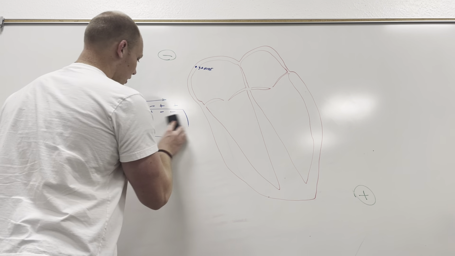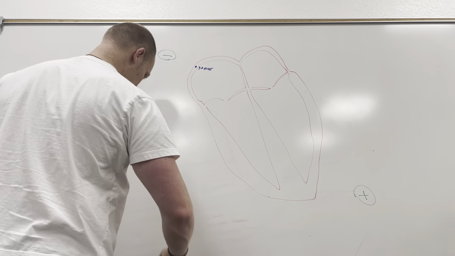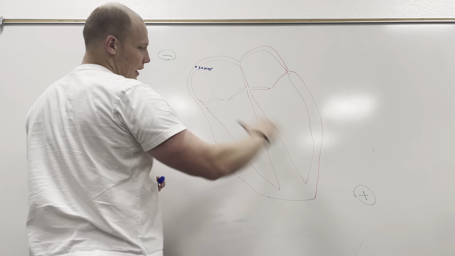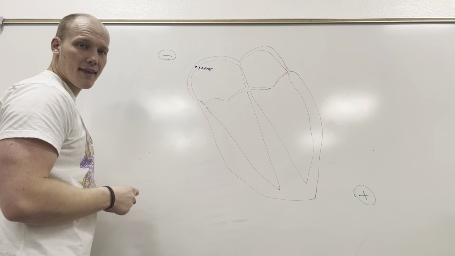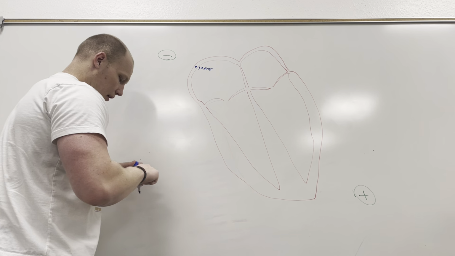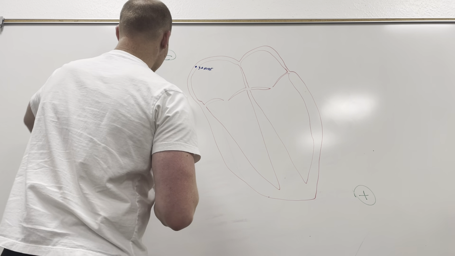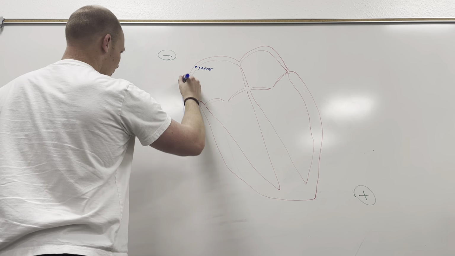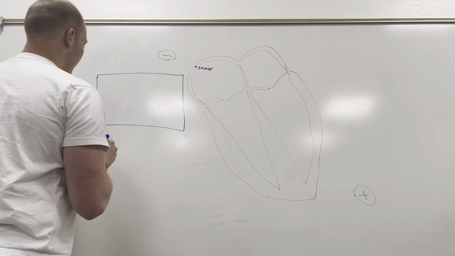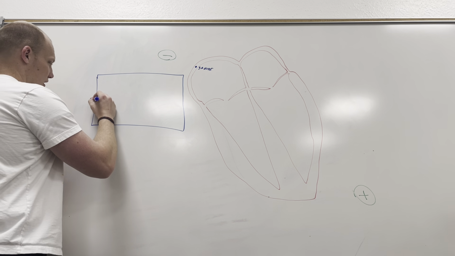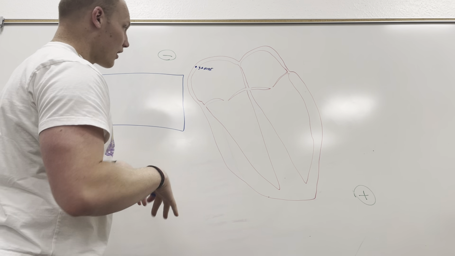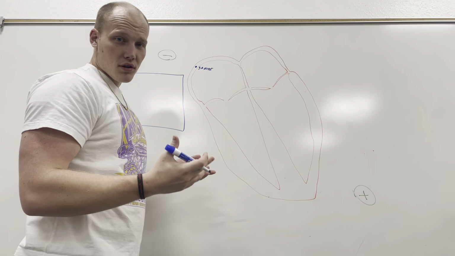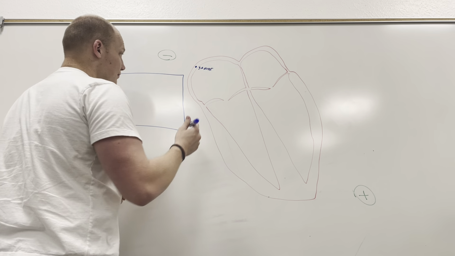So the way EKGs work is these leads measure the direction and the magnitude of that vector. So we have our little EKG machine here. We'll just draw a little paper that it's printing out, and it's coming out at 0. So that's 0 millivolts, right? So the way the heart works is the SA node depolarizes, it sends that action potential out.